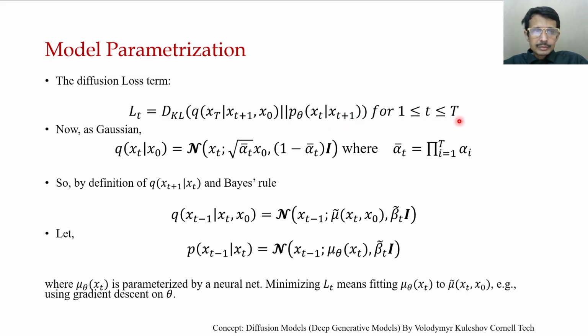So for now, as Gaussian, we can say q of x t given x 0 is in this format, because this is a Gaussian format where alpha t bar is this multiplicative term. By the definition of q of x t given x t minus 1 and Bayes rule, we can figure out that q of x t minus 1 given x t and x 0 is this distribution.